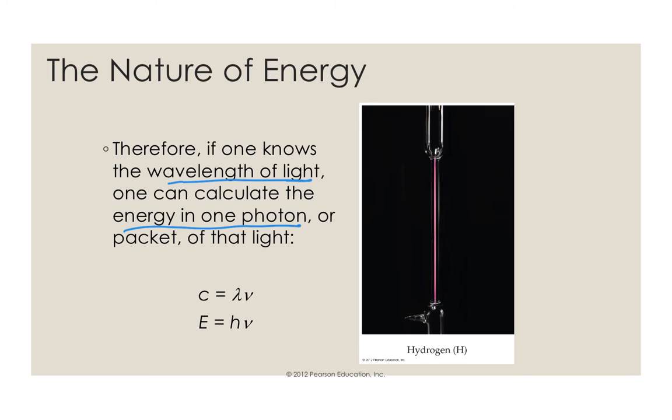We know the speed of light equation, and we know the energy equation, and now we can see that those two things are related. If we know the wavelength of the light, we can figure out the frequency, and from that, we can figure out the energy. Let's see how this is done.